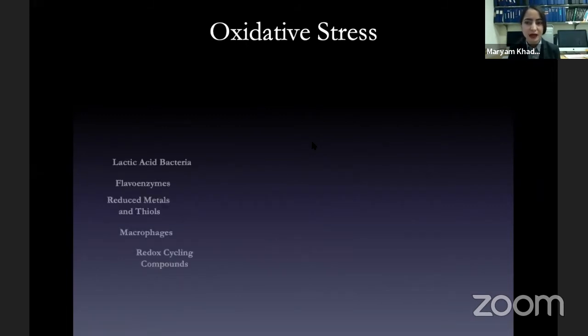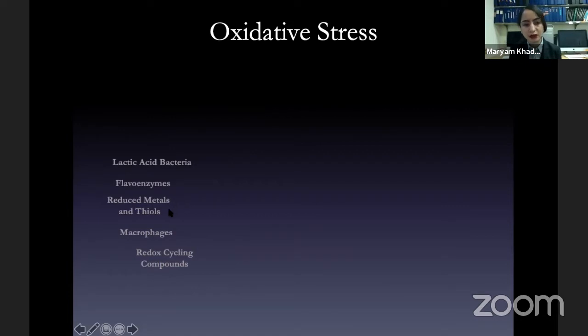In its habitat, which is in the intestine, and during the time that E. coli is being transferred between hosts and it's out in the open, it experiences different types and different levels of oxidative stress. This can be endogenous, the result of reaction of oxygen with its own flavoenzymes.